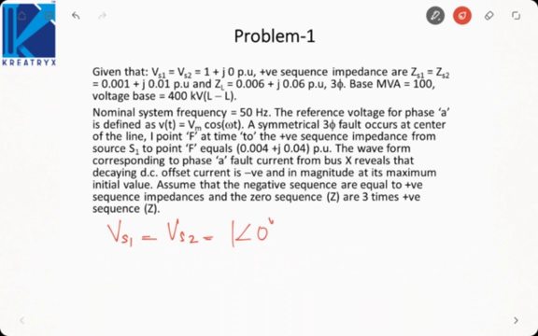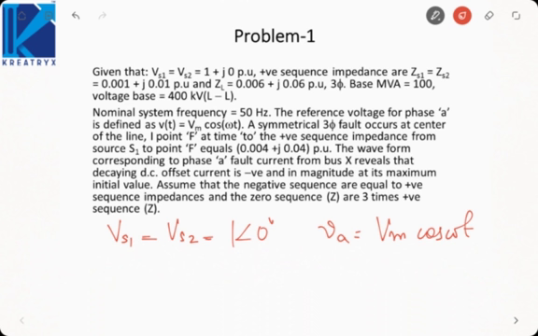ZL is 0.006 plus J0.06, base MVA 100, base voltage 400, nominal system frequency is 50 Hz. Now VA is given as reference voltage for phase A, Vm cos omega t. A symmetrical three-phase fault occurs at the center of the line at point F at time t0.